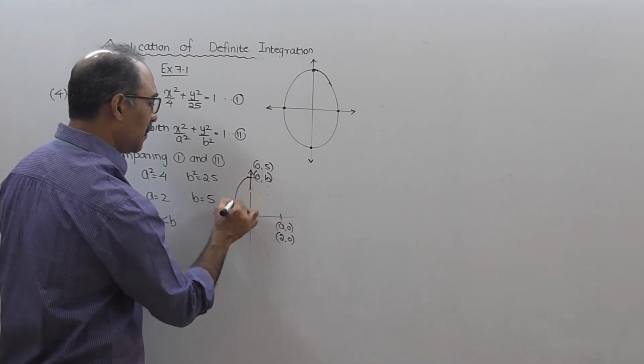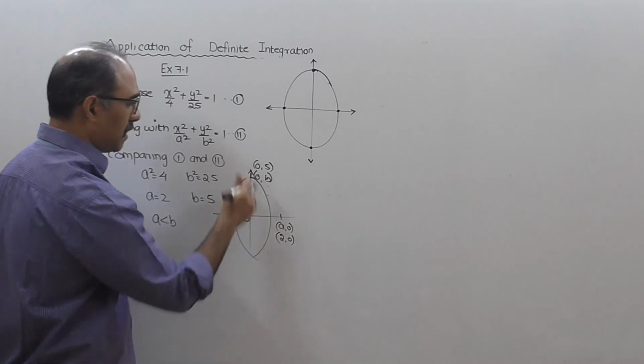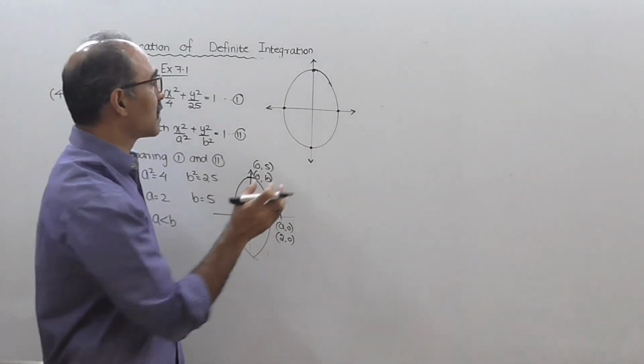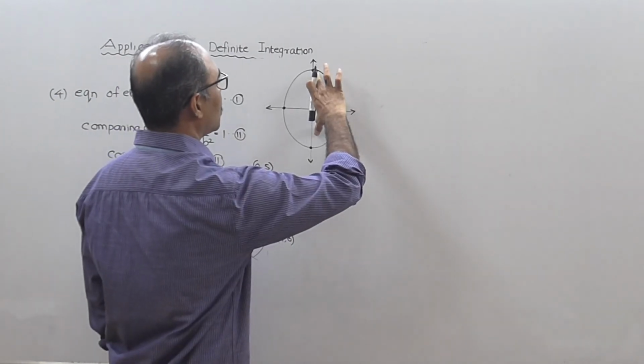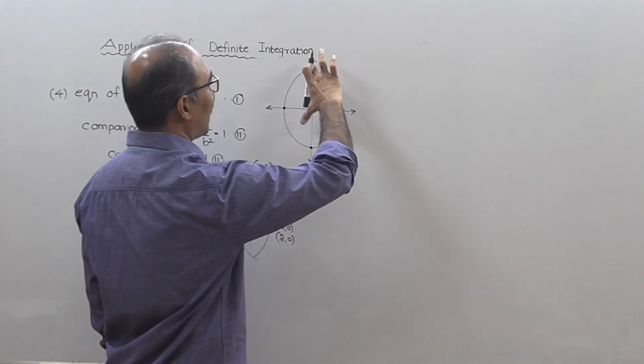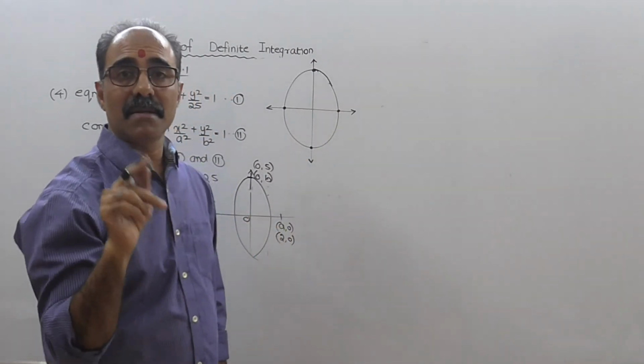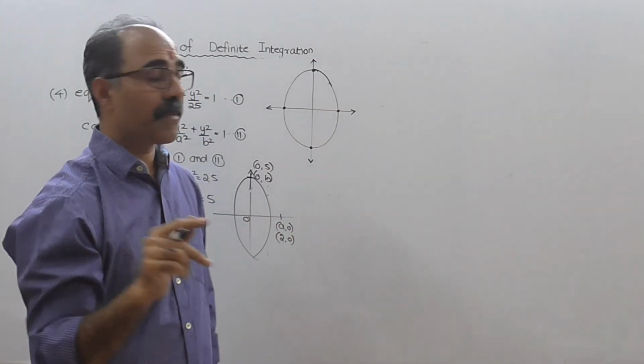So the ellipse will be of this shape. It will be more on the y-axis and lesser towards the x-axis. Ellipse is not a circle, it is something which has an oval shape.